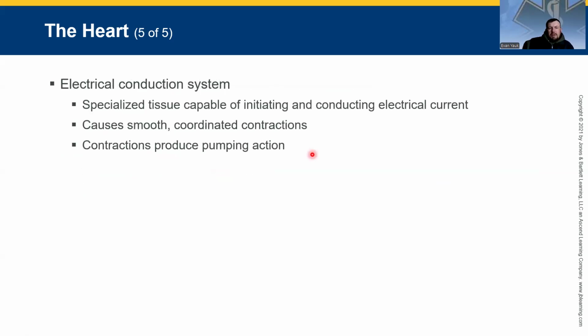And then real quick, talking about the electrical conduction system, specialized tissue capable of initiating and conducting electrical current causes smooth, coordinated contractions. And then contractions produce a pumping action. Just like we talked about, you apply electricity to a dead frog's leg, it jerks.